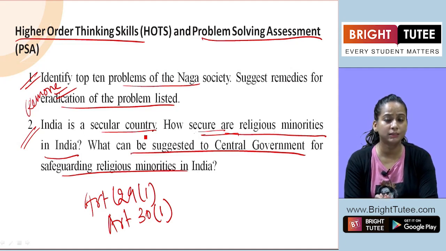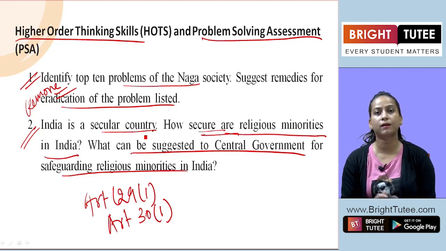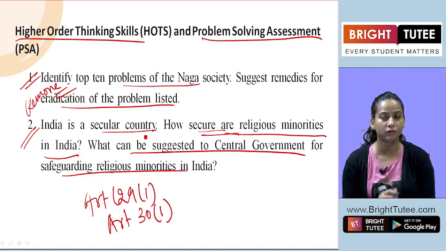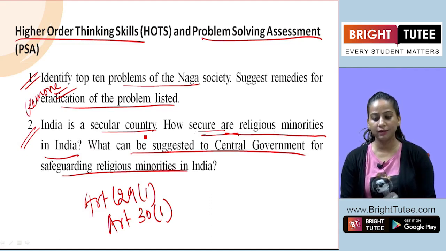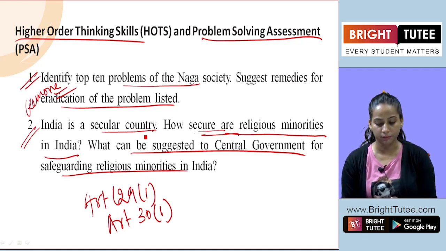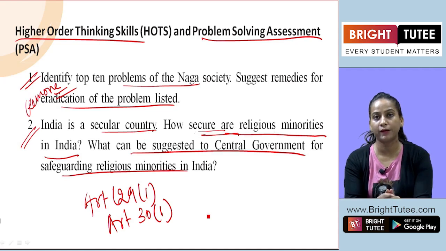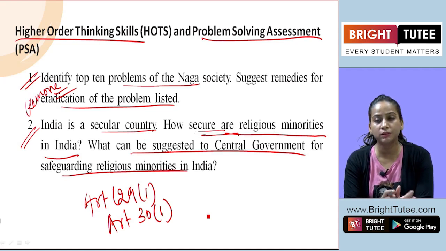But we know that despite these provisions given in our Constitution, the problems are still occurring. We have seen how different attacks based on discrimination have been heard against religious minorities. Until and unless we bring security for them and provide them an appropriate area to live, some sort of fear will always remain in them.